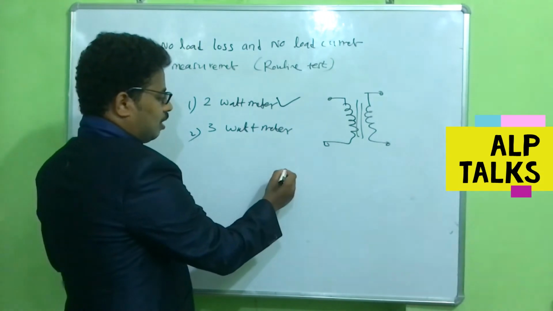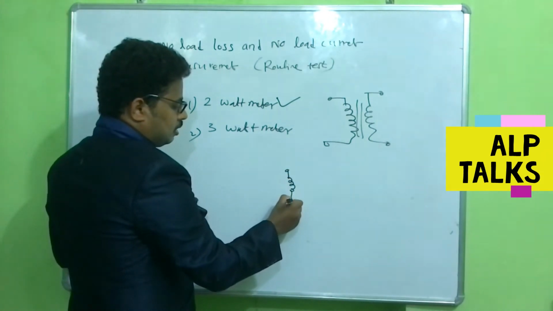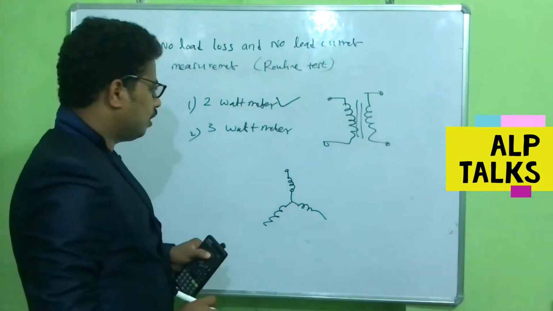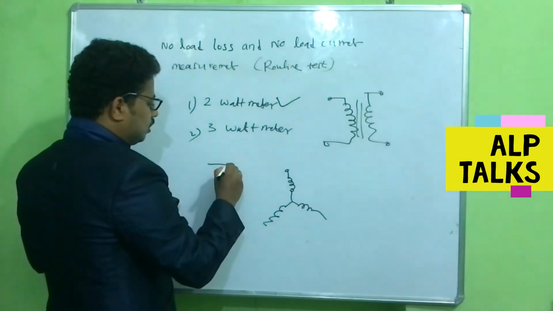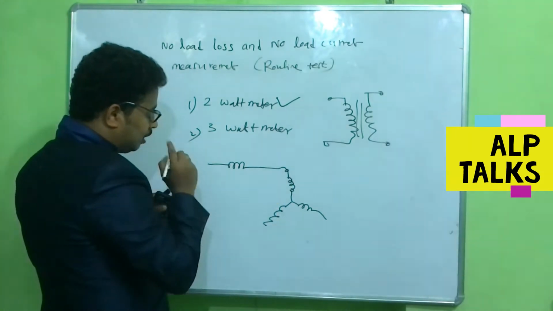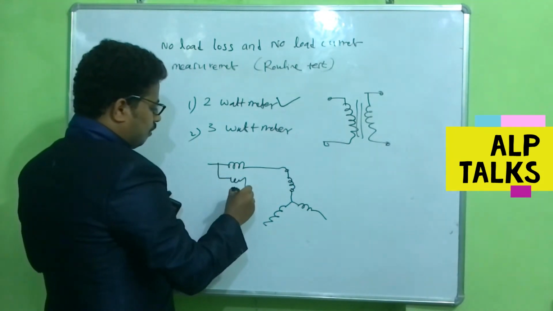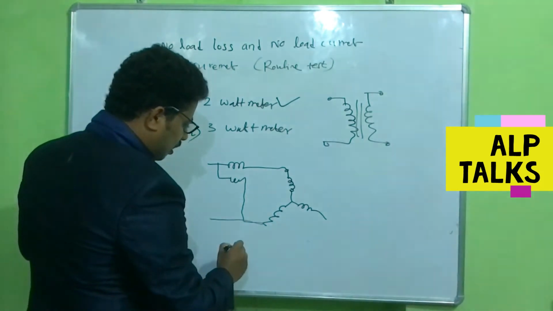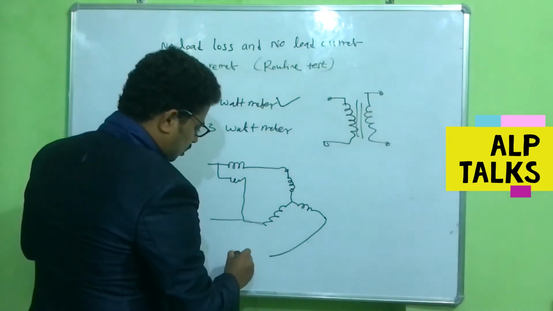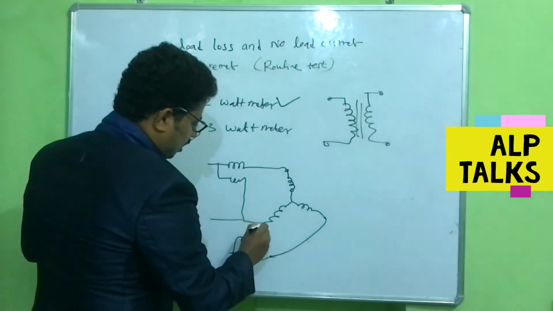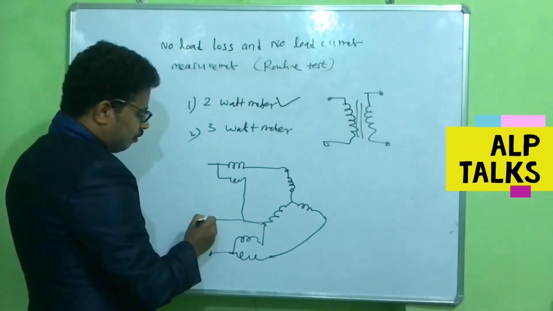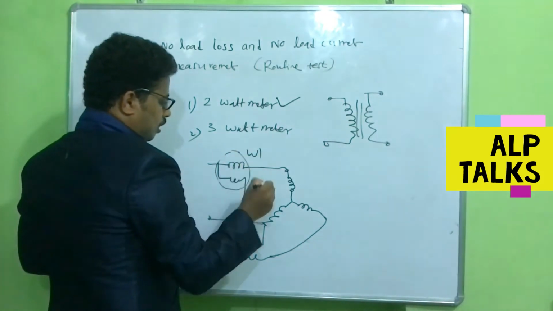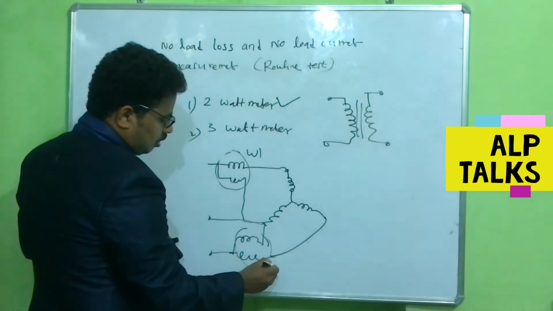So what we will do is, for example, this is a three-phase circuit. In 2 wattmeter method, we will simply insert wattmeter between one of the coils, and this is how the circuit will be there. One terminal we will take as a common, and say this is the W1 and this is the W2.